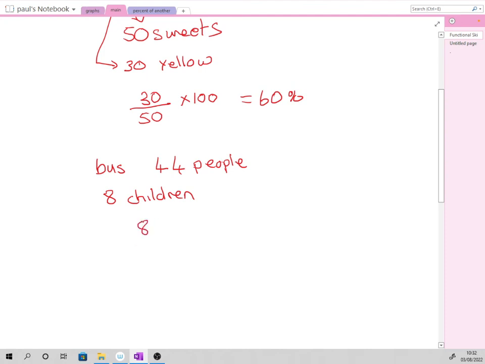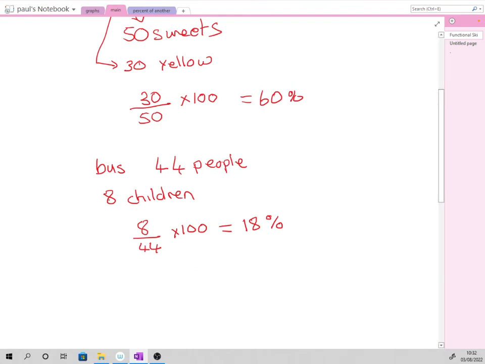So you get 8 children over the 44 in total times 100, and that gives you your answer. It's that simple. 8 divided by 44 times 100 is going to be quite an awkward number. I'll call it 18%. There's more in the calculator. There's a recurring 181818, which I've just rounded down to 18%.